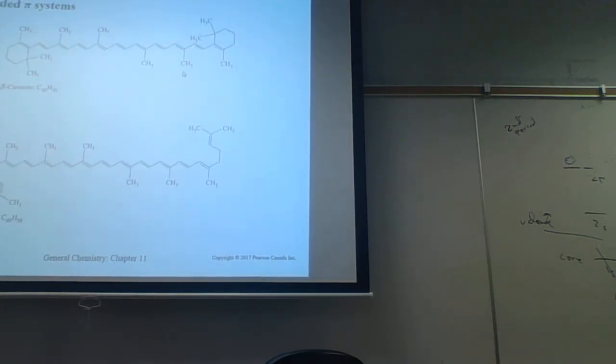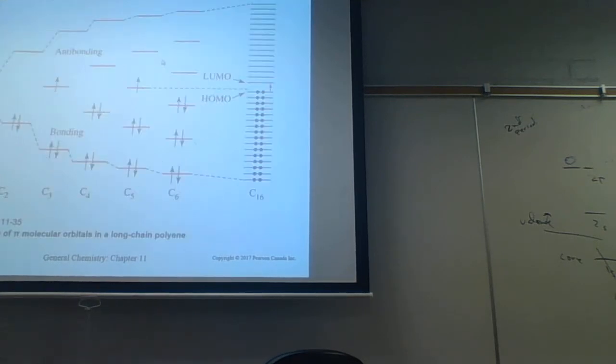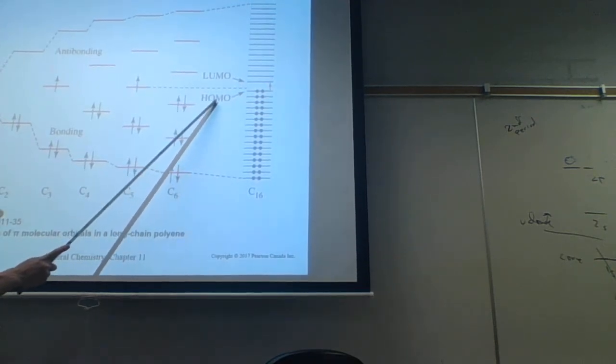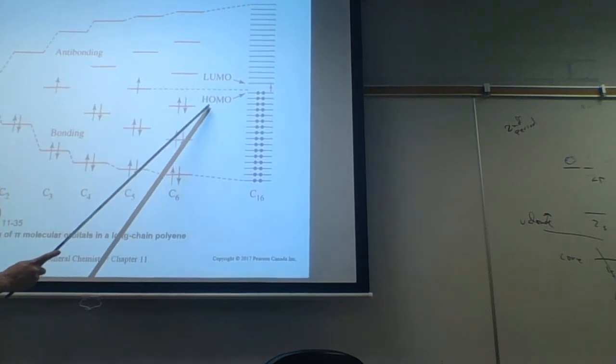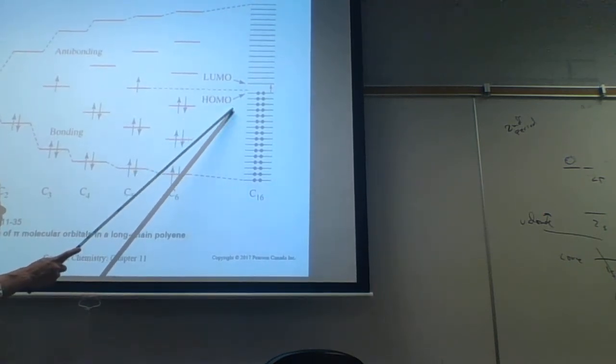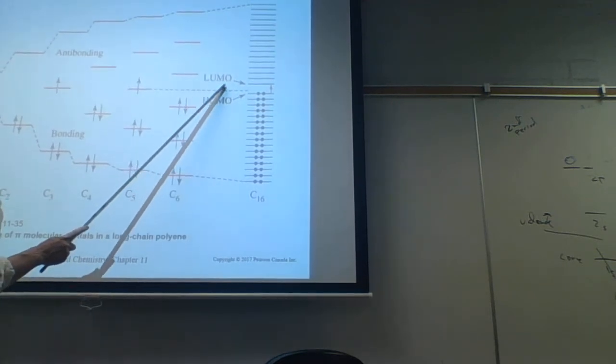Here we have these aromatic systems, these alternating single and double bonds, beta carotene, lycopene. These often are colored, because you generate a lot of MOs and you come up with something called the HOMO and the LUMO. HOMO stands for highest occupied MO. LUMO stands for lowest unoccupied MO.